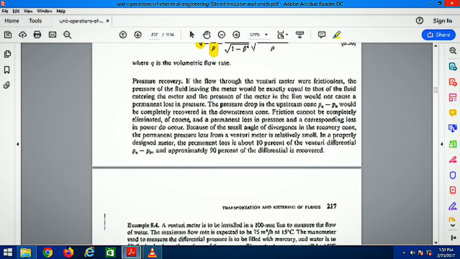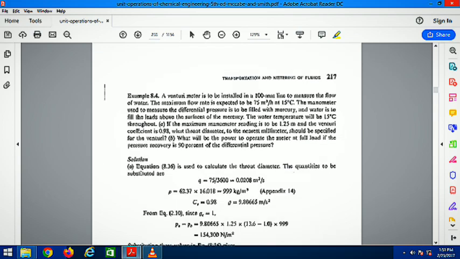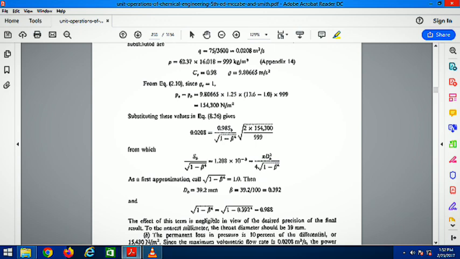The pressure recovery in the Venturi meter is actually more than the orifice meter, a good pressure recovery, because if the Venturi meter were frictionless, then the pressure leaving would be exactly equal to the entering fluid pressure.